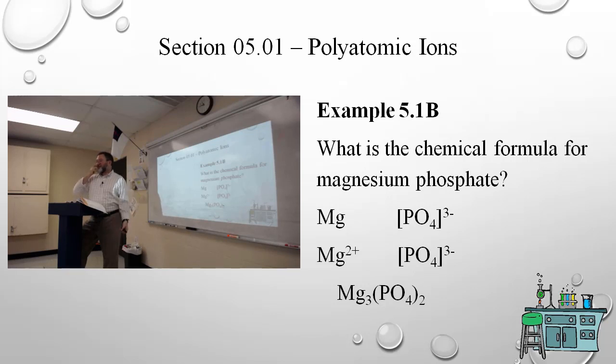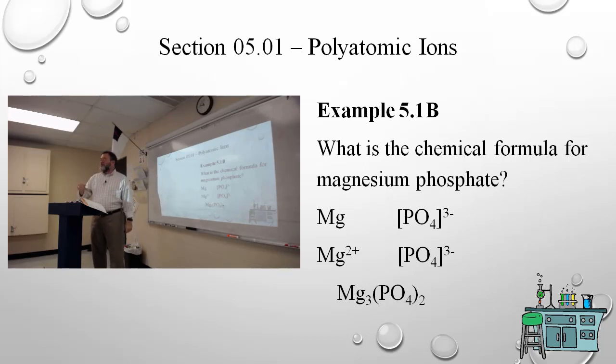If they come in greater combinations, we know that we can reduce it down. Take the greatest common factor within the subscripts and reduce it down. There's only one. That's why we can call it with the "ide" ending: the metal name, the nonmetal "ide" name. There's only one way that they can work to have a net neutral charge. In this case, the phosphate is one of the ions, magnesium is the other ion, and they can only come together at a certain combination. And the combination for magnesium phosphate is Mg3(PO4)2.